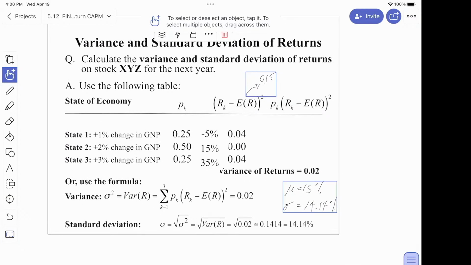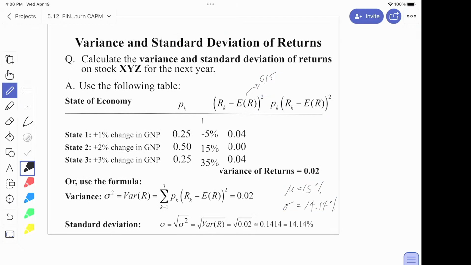So if this is my R_k, so R_k minus 0.15, so this is negative 5% minus 15% is negative 20%, I mean negative 0.2, so then you square it and you get this. So that's how I did that.